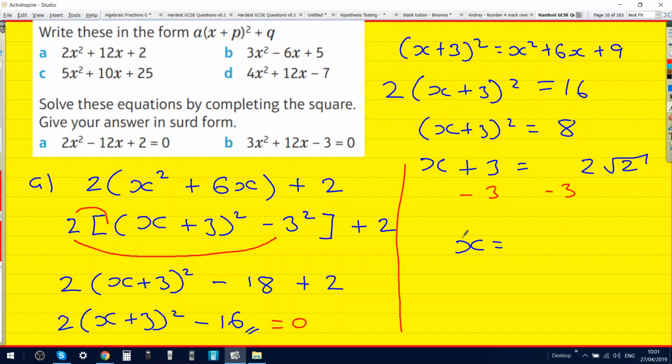The calculator will give you an approximate answer, but if they want an exact answer, don't forget the plus or minus 2 root 2. Oh, then I need to do the plus as well. So it's plus or minus 2 root 2 minus 3. I always write the normal number first, because sometimes you confuse it and put it in the square root.